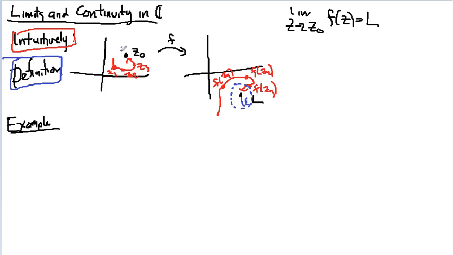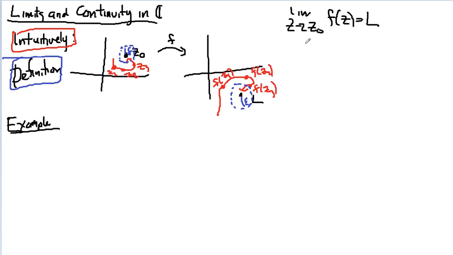The idea is, if you can draw this, what they call delta, so that for every point in this little ball you end up mapping into this circle, and that's true for any epsilon. They give you an epsilon, you have to come back with a delta where anything in here maps over to there. That's what we mean by a limit. So that's the definition of limit.